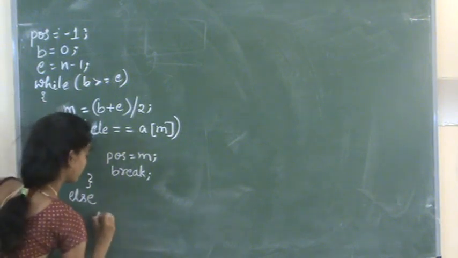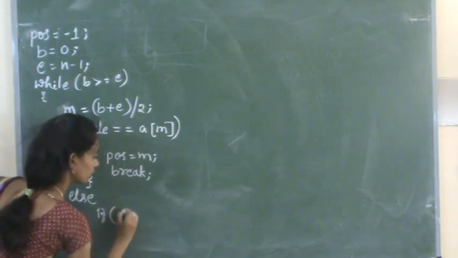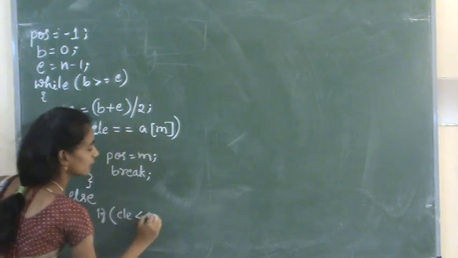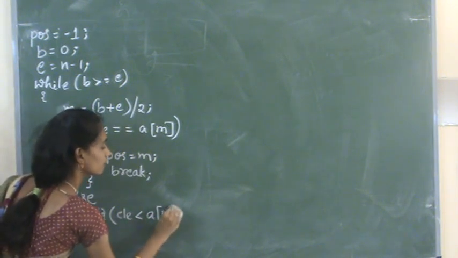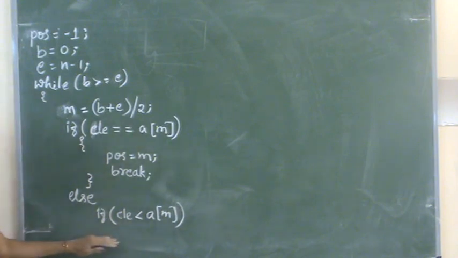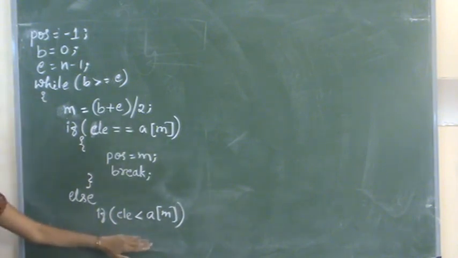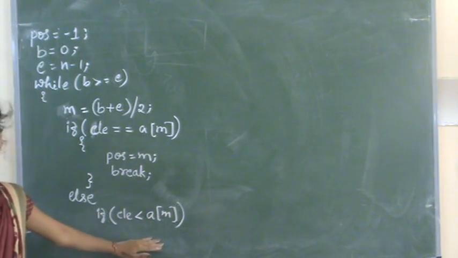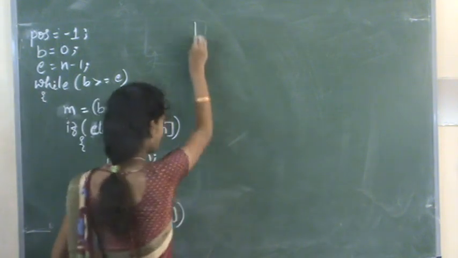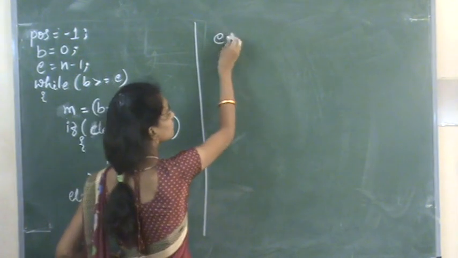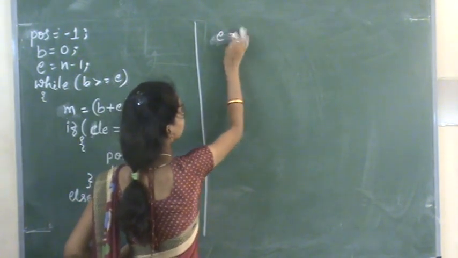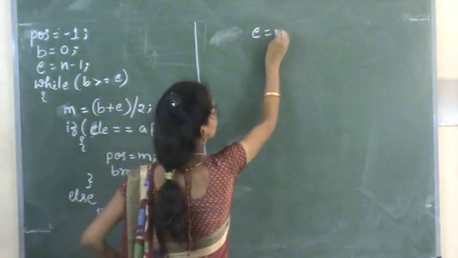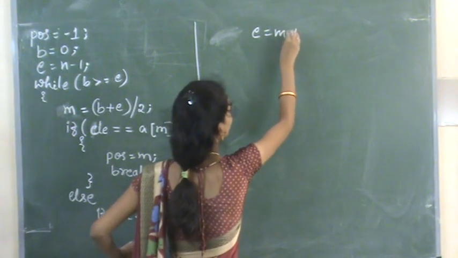Else if the element is less than A of mid, I will go for this condition. If this condition becomes true, meaning it is less than the search element, I have to change the end, so end equals mid minus 1.